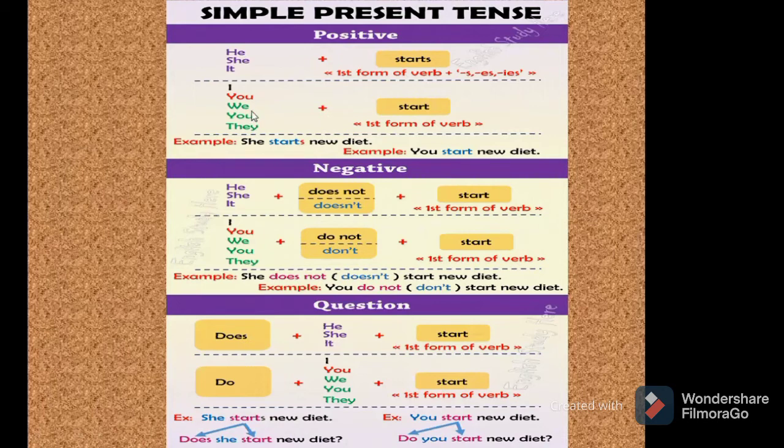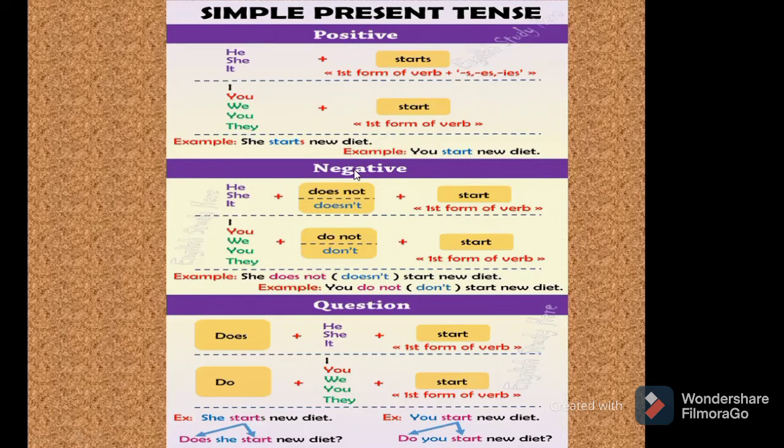But when the subject is first person, plural, or second person pronoun, other than third person, I is first person, you second person, and we, they, you are plural, then we don't use S, ES, anything. We use the base form or main form. I start, you start, we start, you start, they start.